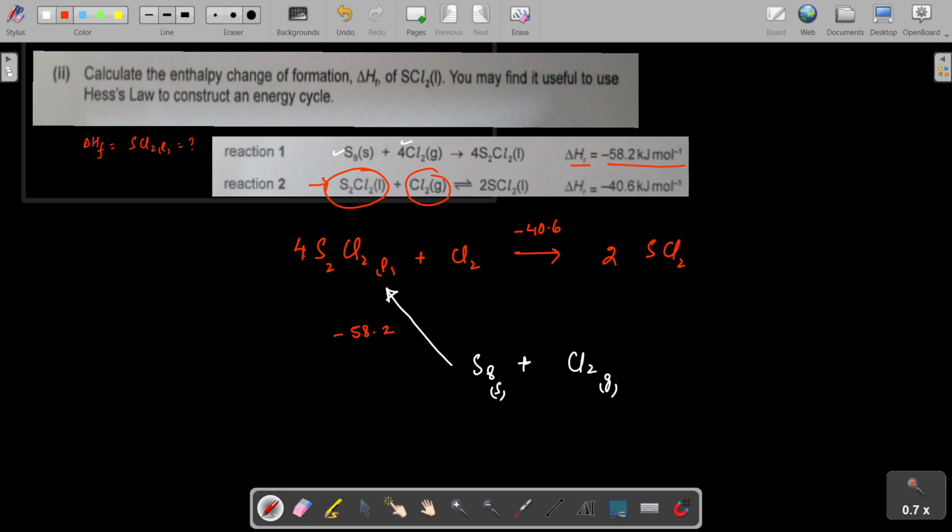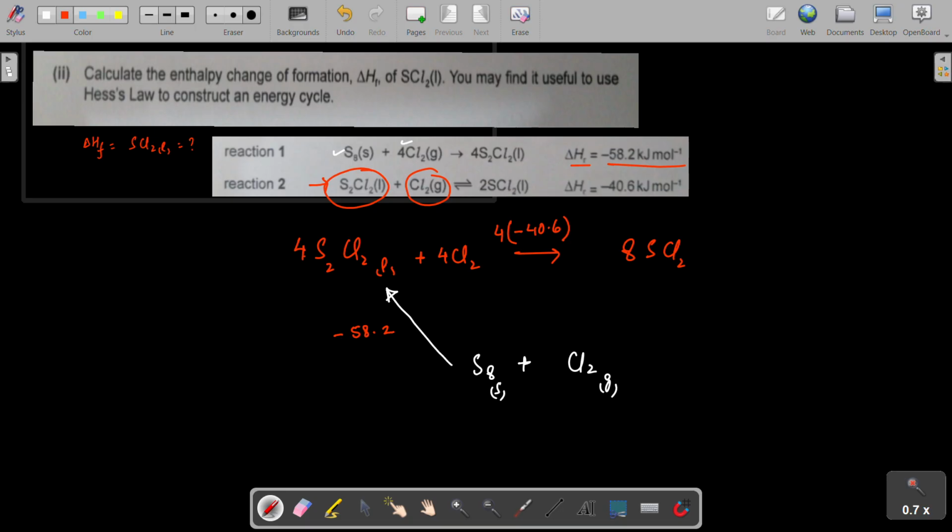So if I get 4 moles, I have to balance this equation, and to balance it, I have to multiply this Cl2 by 4, and I also have to multiply this 40.6, the enthalpy change, by 4 as well. And if I multiply this 2 by 4, I will get 8 moles of SCl2.